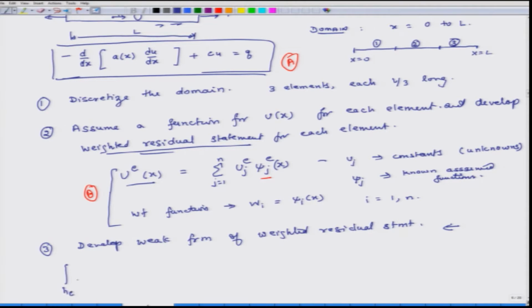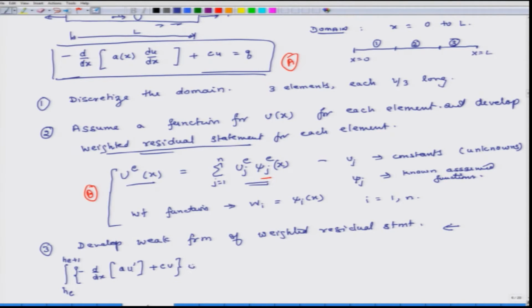My domain of integration is x_e to x_e+1, of minus d by dx of A u prime plus c u. In reality I have to replace this u by this entire expression, but for purposes of brevity I am not doing that.